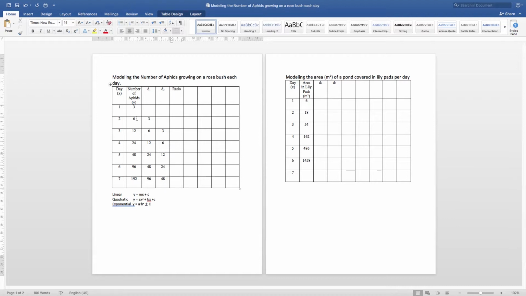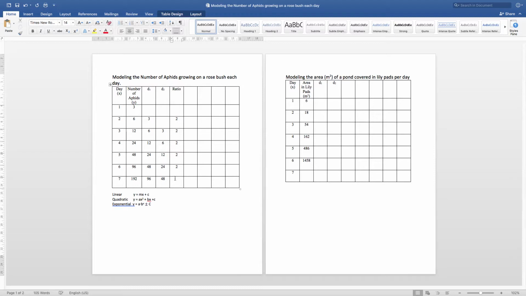So that would be 6 divided by 3, which would be 2. 12 divided by 6 would also be 2. 24 divided by 12 would be 2. 48 divided by 24 would be 2. 96 divided by 48 would be 2.